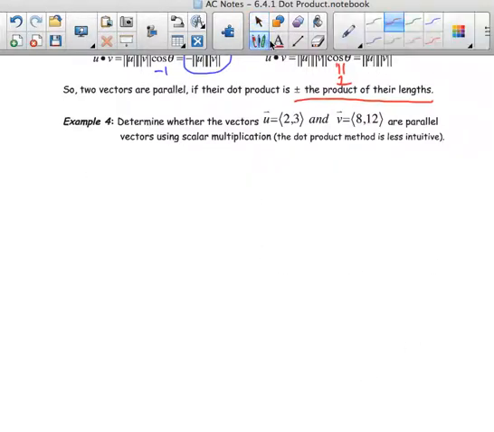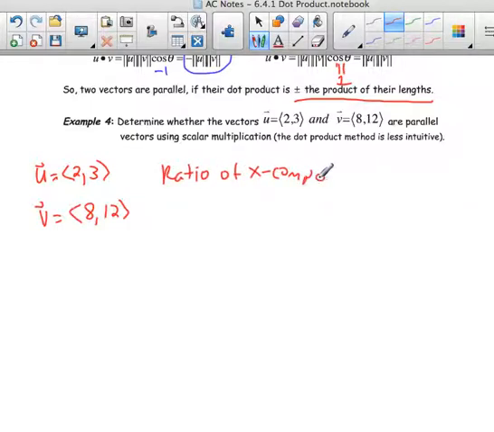Okay, so here we have the vector u, which is given as 2, 3, and v, which is given as 8, 12. So the vectors are going to be parallel if they're scalar multiples, and we can check this by checking if the ratio of the x components is equal to the ratio of the y components.